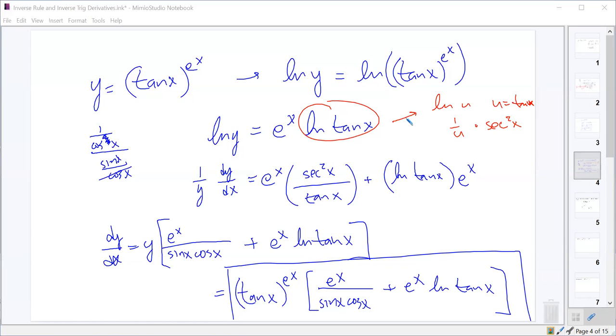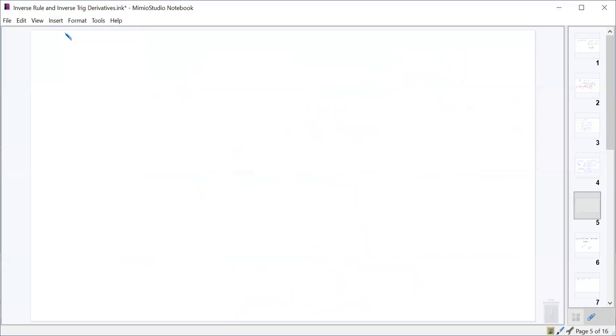Number 16 on chain rule number 2. All right. So let me pull back up the chain rule sign real quick. Inverse secant of sine x, right? So inverse secant of sine x.